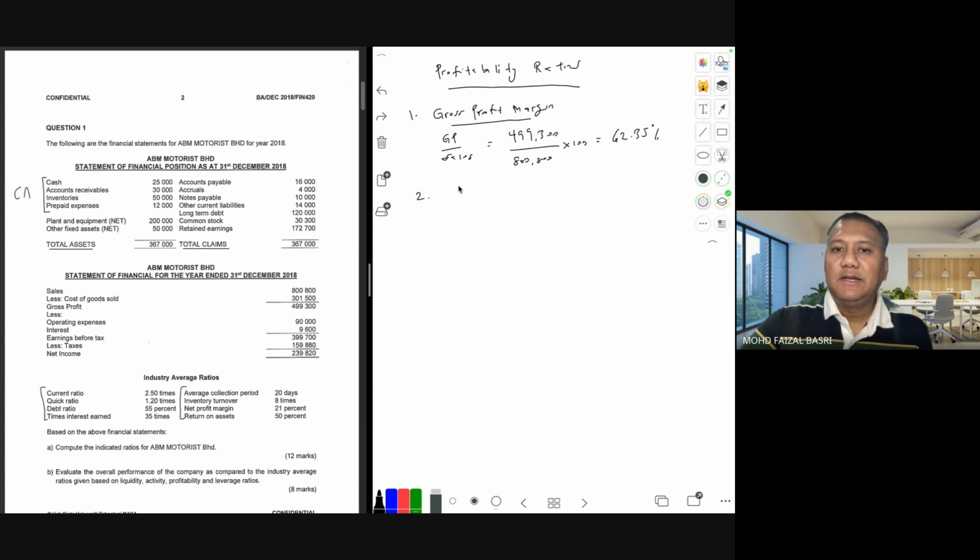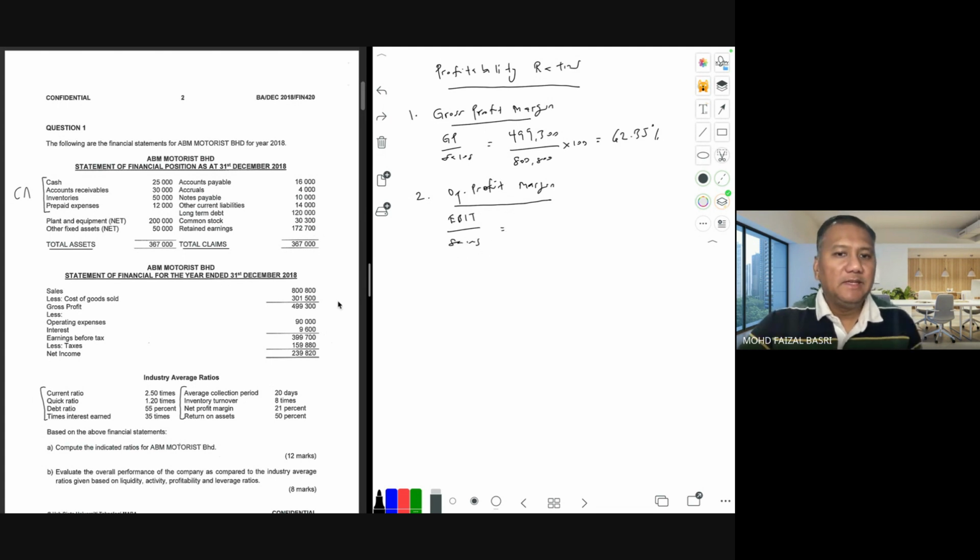Number 2 tadi adalah operating profit margin. So this is the second ratio, operating profit margin. So it's earning before interest and taxes divided by sales. So EBIT tadi kita dah kira tapi dah delete kan.